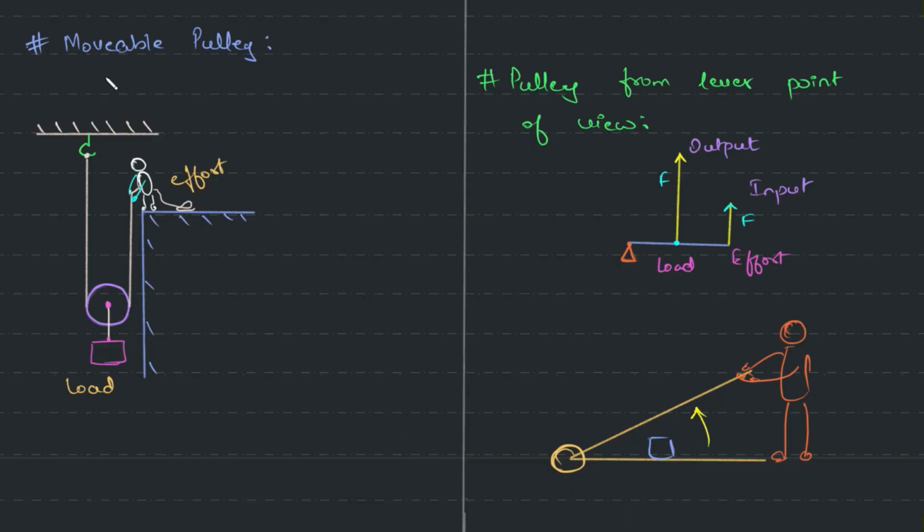So what will happen to the load? That also moves. And you can think of a movable pulley in this manner. One more thing is, this end point has got displaced by quite some distance, and at the load end the displacement is less, while at the effort end the displacement is more.